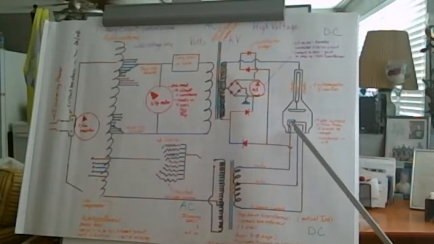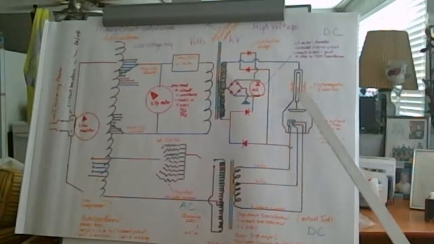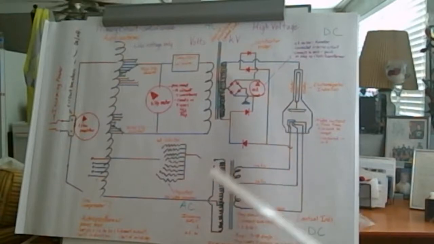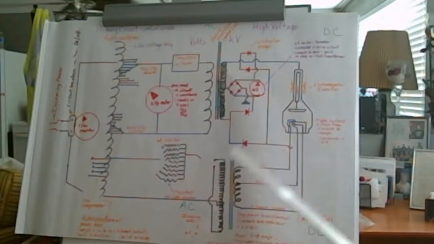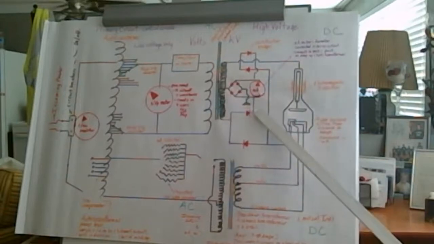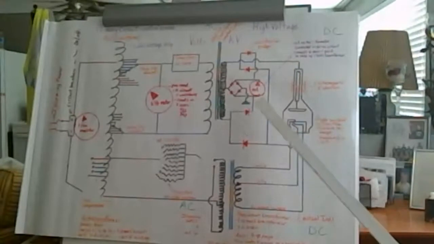It can only have electron flow from filament to anode. If we had backward flow, that would be horrible, that would be catastrophic to the X-ray tube. So these rectification bridges stop that backward flow.